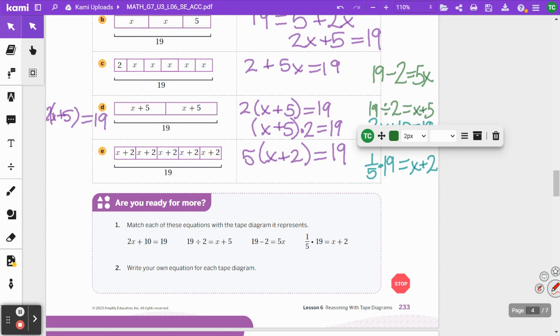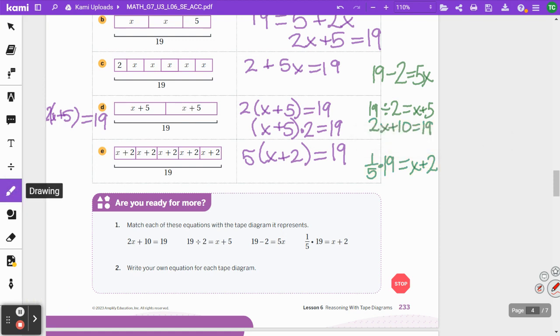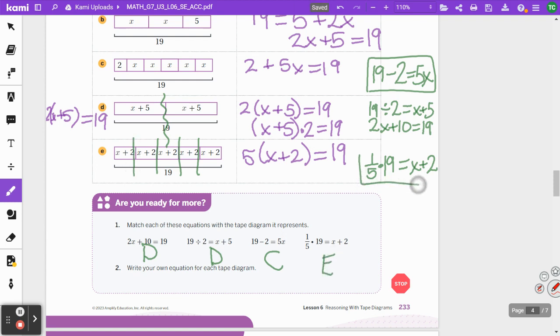That would be under choice D, just so you know. 19 divided by 2, well, that also appears to be choice D. If you took 19, subtracted 2, and then that equals the leftover parts, that would go with choice C. And last but not least, if you took 19 and cut it into fifths, then each of those fifths would equal x plus 2. That would be choice E.